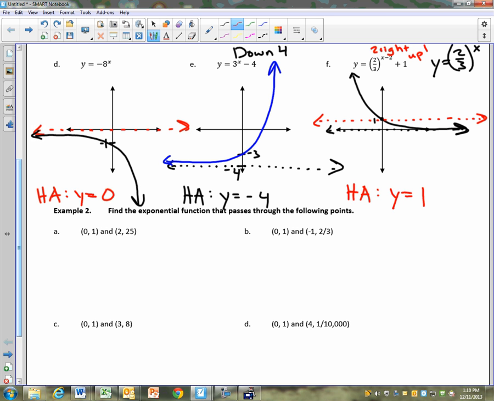Question? Yeah. Yep. And then, right 2 up 1, here's what I have to do. I've got to take this point that it passes through, this 0, 1 spot, I have to move it to the right 2, and I got to move it up 1.